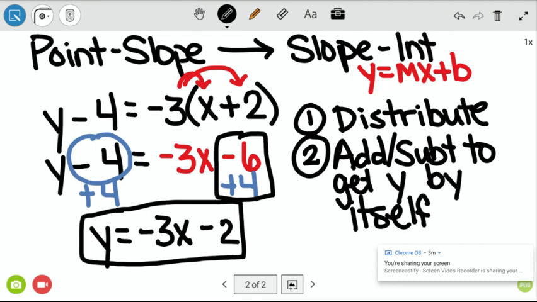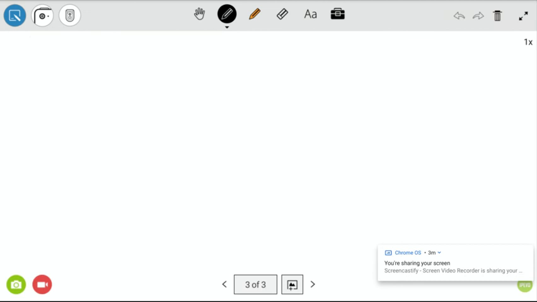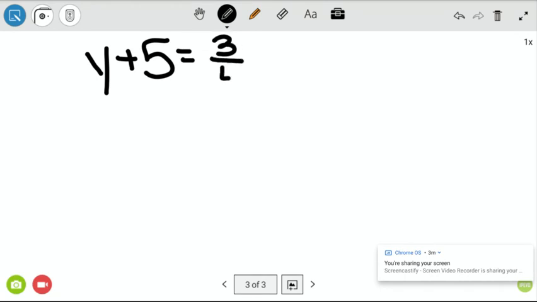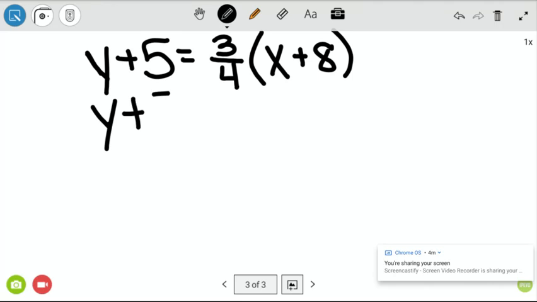This time let's do a fraction. All right, so we have y plus 5 equals 3/4 times x plus 8. So this is in point slope form. Our first step, we're going to bring our y plus 5 down.